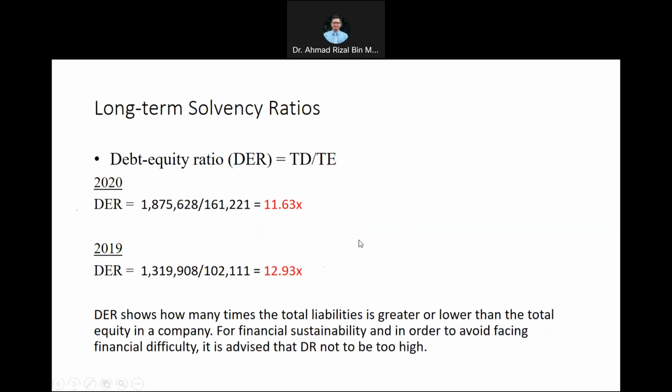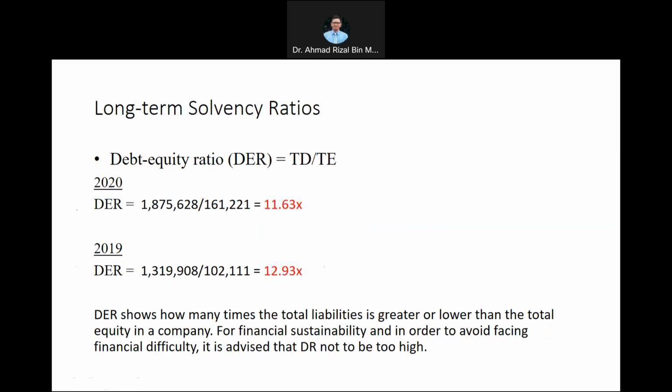Long-term solvency, this is the debt equity ratio. Okay. The debt equity ratio is total debt divided by total equity. Okay. This is another benchmark to compare debt and equity, but now we take the total rather than the long term. So in terms of total debt as opposed to equity, the multiple is 11.63 times in 2020 and 12.93 times in 2019. Okay.